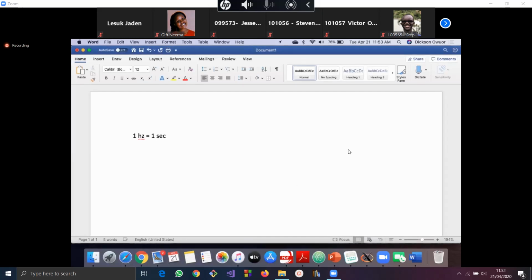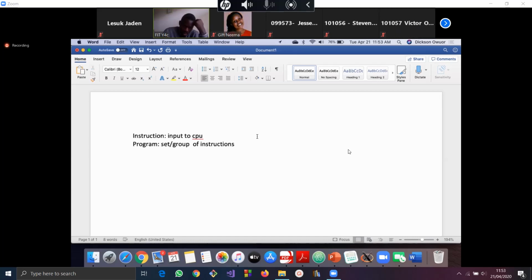So when I say instruction, this is just the input to the CPU. Okay, then a program is a set of instructions. Okay, so a program may have like 10 or 1,000 instructions.